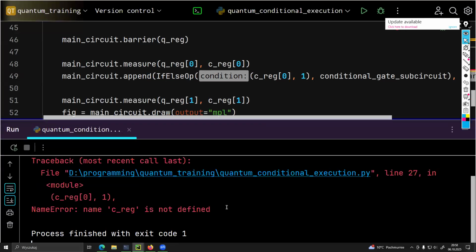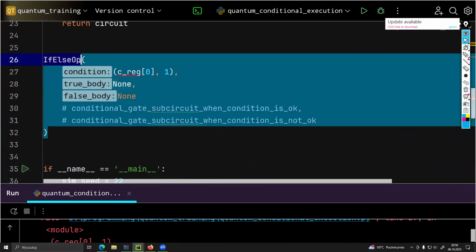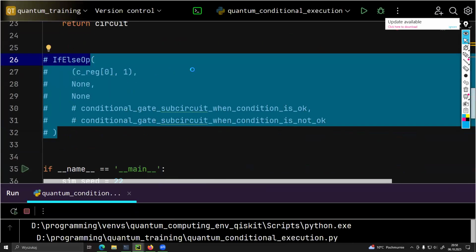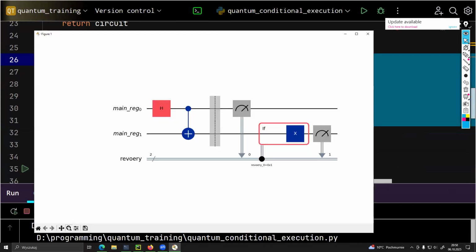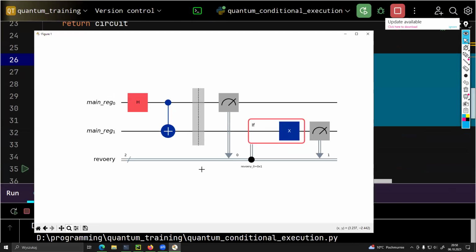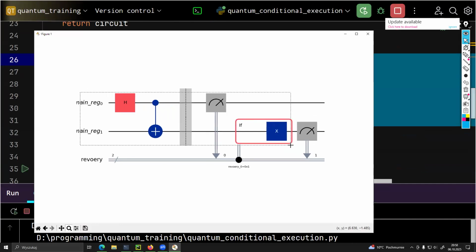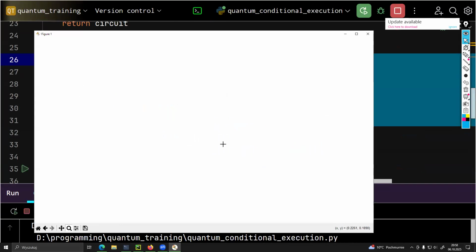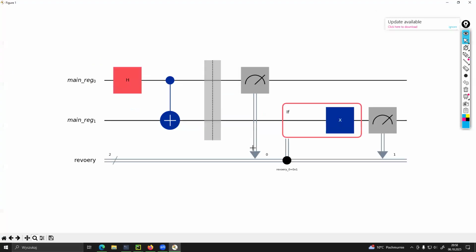There is an error. Oh yeah, right, I need to remove this entire thing. Okay, so we have this. Let's zoom in even more, maybe. Okay, back to the previous view.